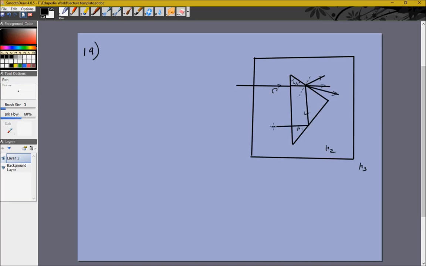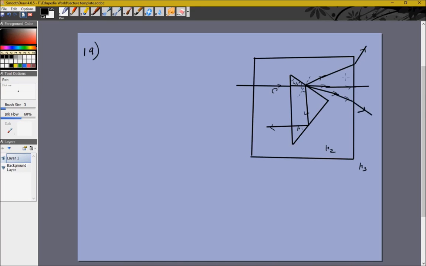Come back. If this is 45, this is 45, this is 45, this is 45, all are 45. And after this, the first one they're making it go like this, and the second one is going straight out, and the third one is going like this.